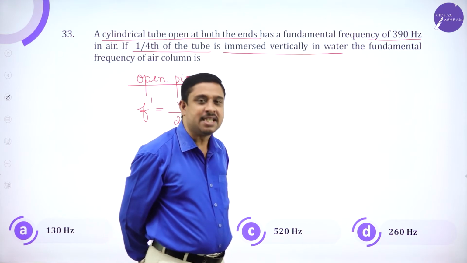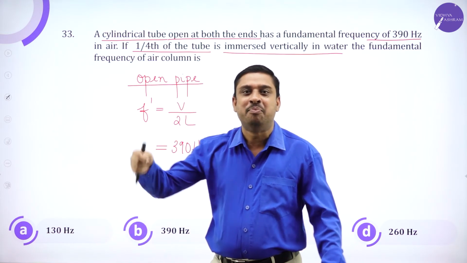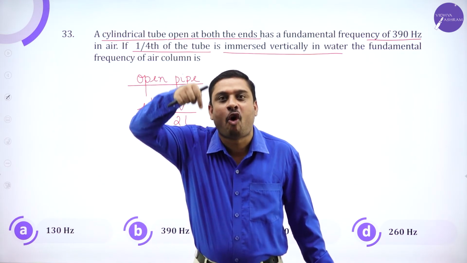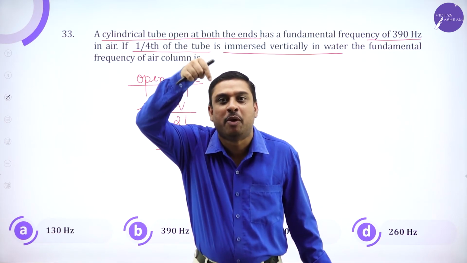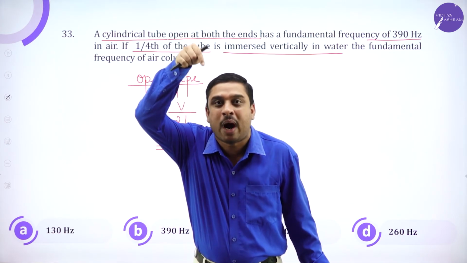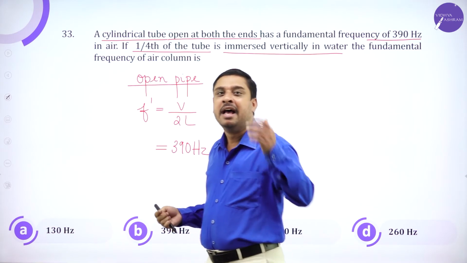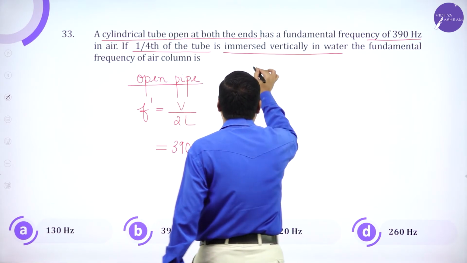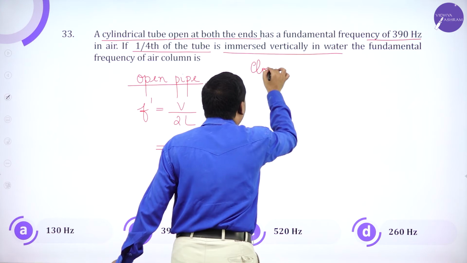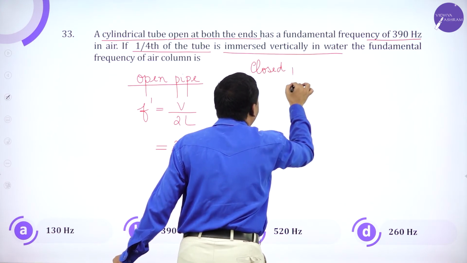My dear students, when I immerse 1/4 of the tube in water, now the tube behaves as a closed pipe.